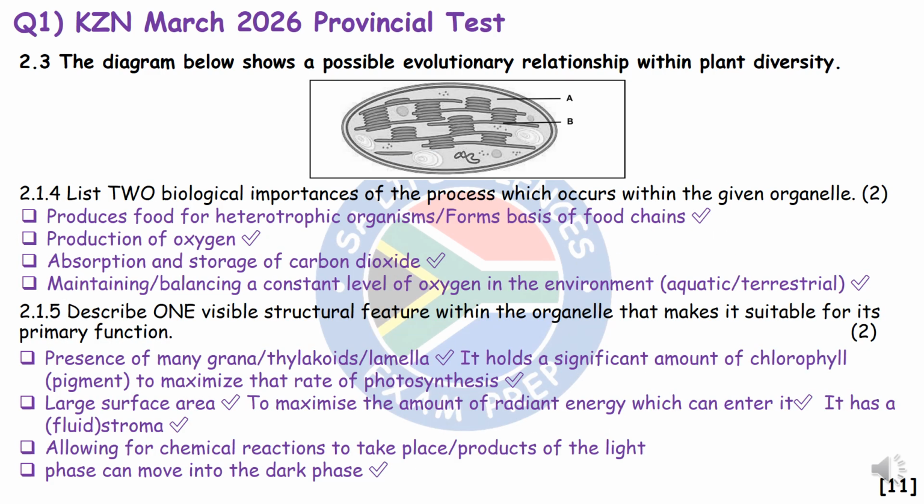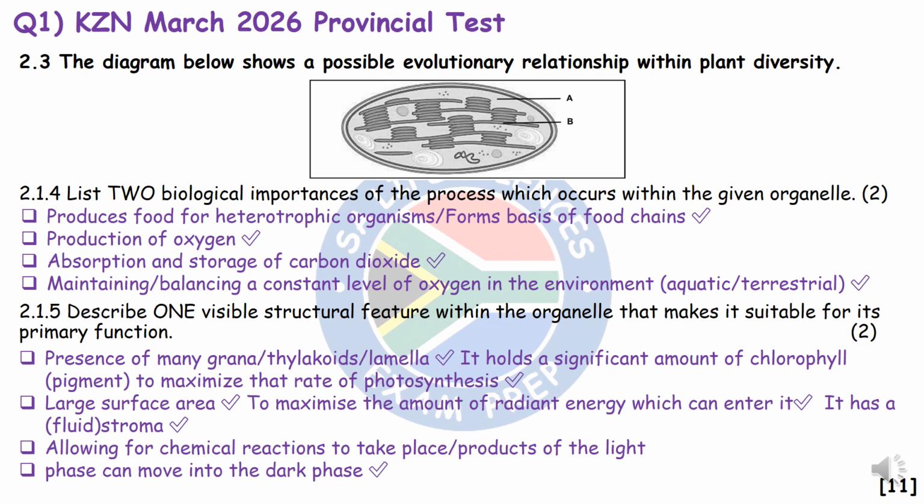Question 2.1.4 asks you to list two biological importances of the process which occurs within the given organelle. So basically, why is photosynthesis biologically important? We can go about this by thinking about what is produced by photosynthesis and also what photosynthesis absorbs.